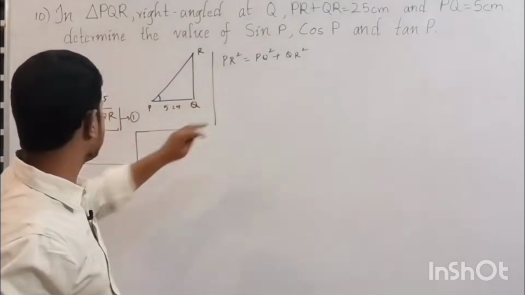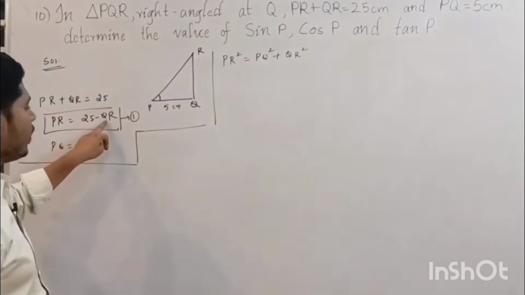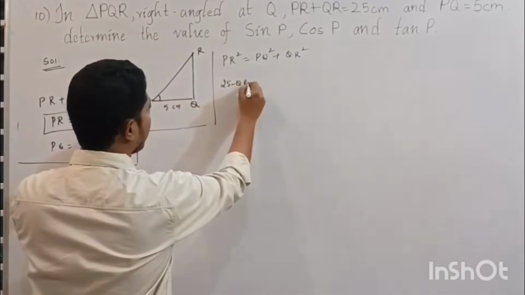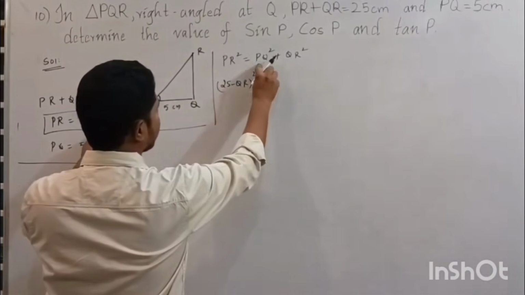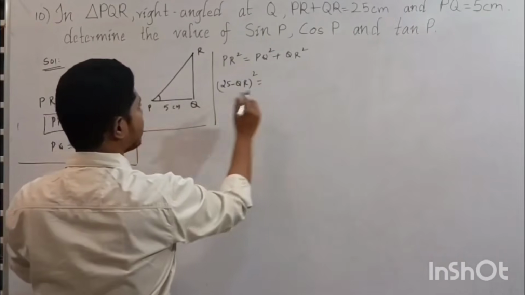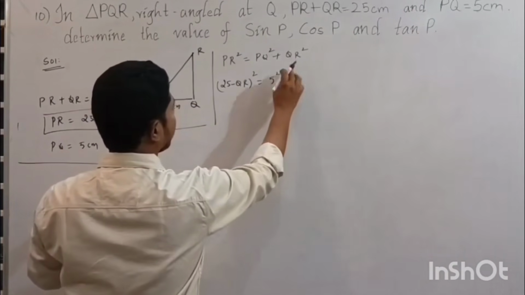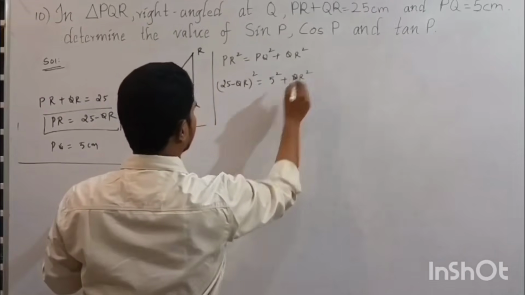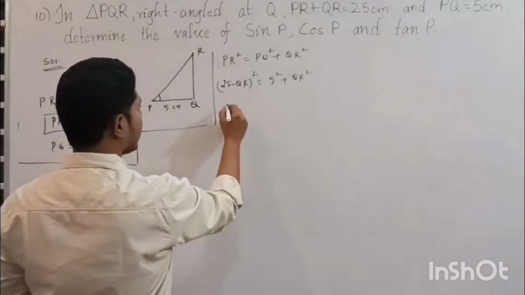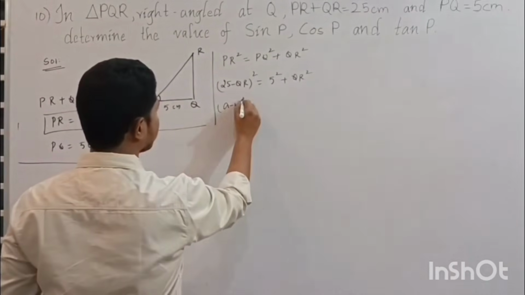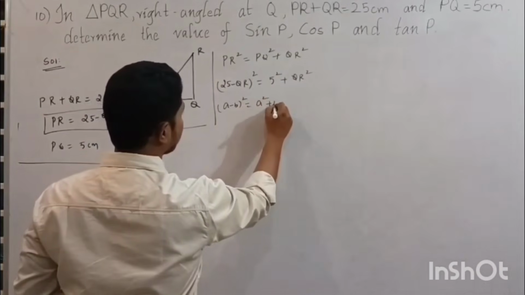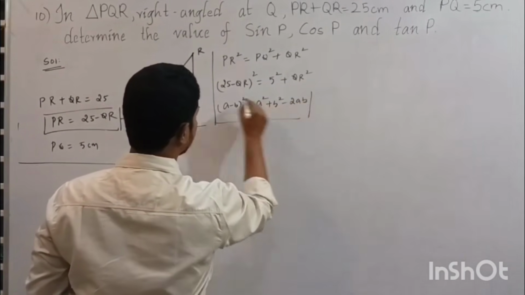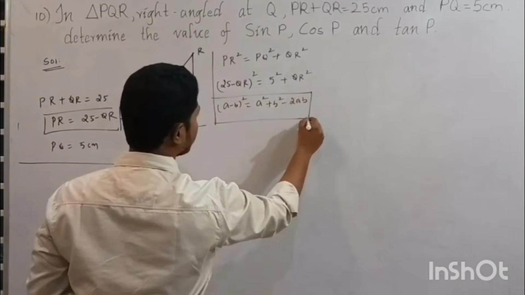PR is equal to 25 minus QR, all squared. Then PQ is equal to 5, so 5 square, and QR I will mention like that only. Now this is in the form of a minus b whole square, so a square plus b square minus 2ab. This is the formula I am going to use here.